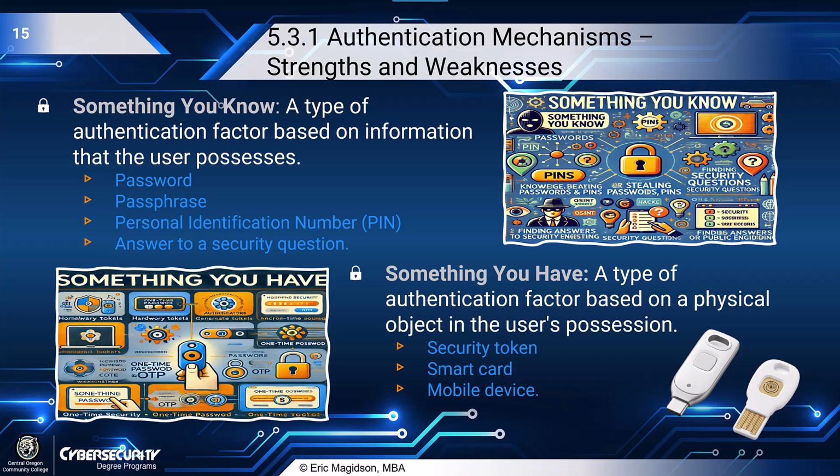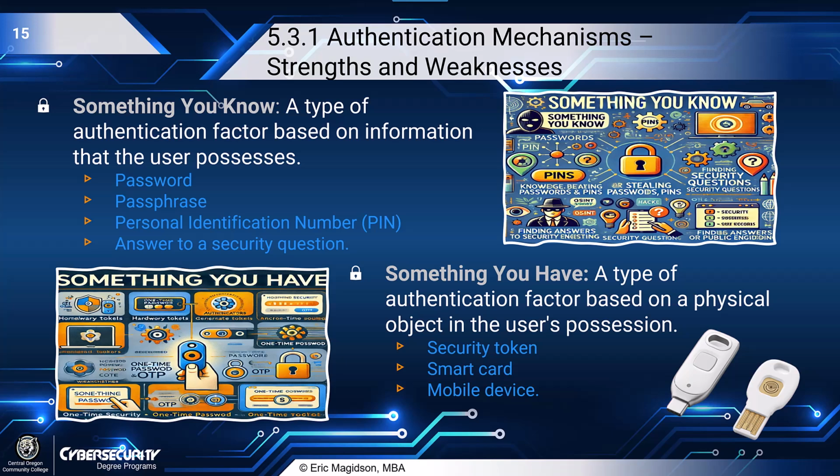So something you have, adding to that, something that you have, is a type of authentication factor based on a physical object in the user's possession. Now, this can be a security token, and I'll give you an example.